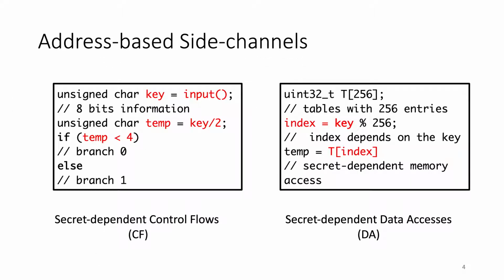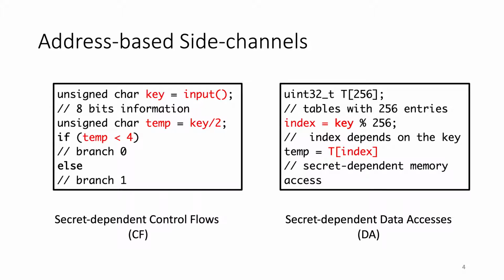The key intuition of many side-channel attacks is that they happen when the program accesses different data or code for different secret inputs. We call those attacks address-based side-channel attacks. There are two kinds of patterns shown in the slide. The first type is called secret-dependent control flow transfers.